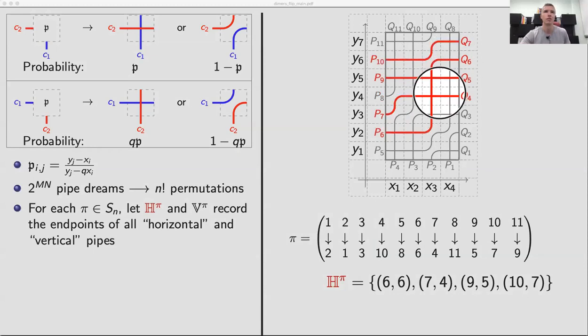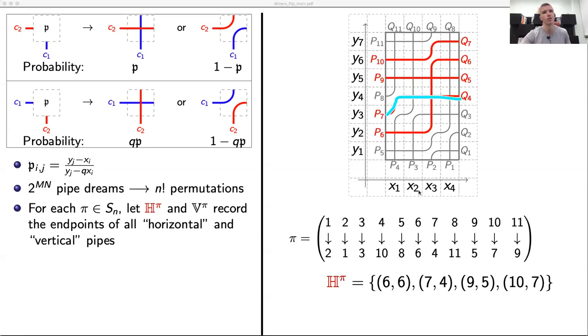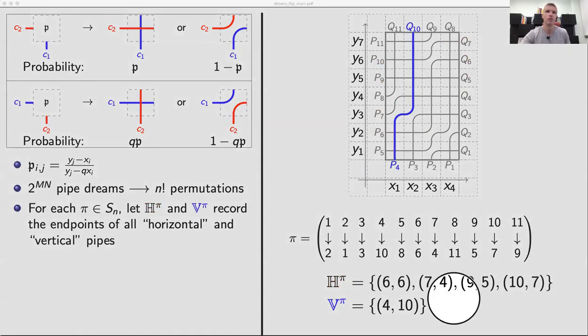And what I want to do is record their endpoints. So for example, if I have a horizontal pipe connecting P7 to Q4, then I record 7, 4 in my set of pairs. And that's H. And then V similarly is going to be all vertical pipes which connect the bottom boundary to the top boundary of the rectangle.